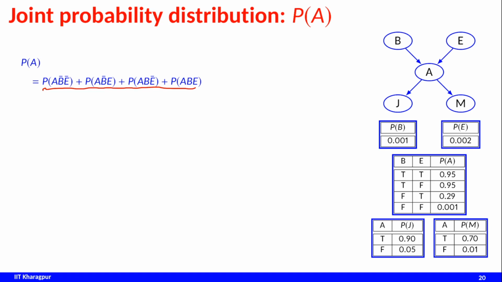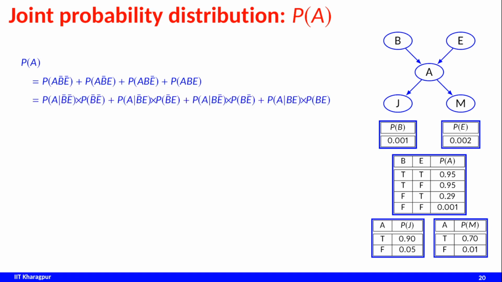Now we can expand this expression to find out the probability for A. So it will be probability of A given not B not E times probability of not B not E. Similarly for the other ones as well, and we can proceed in the similar manner.